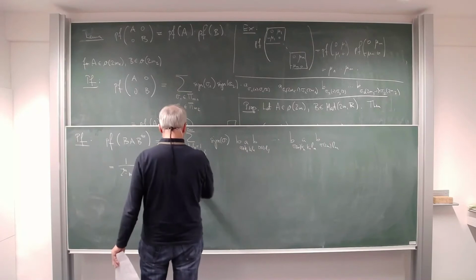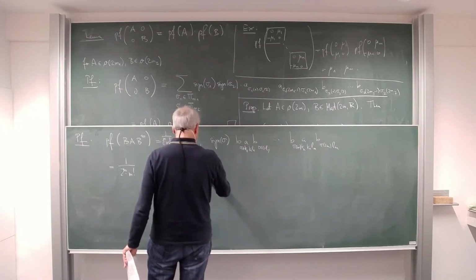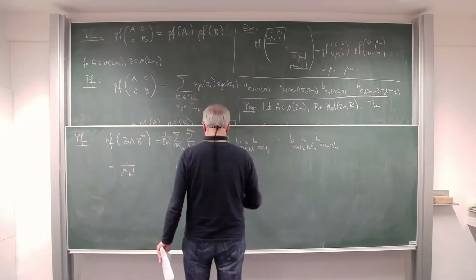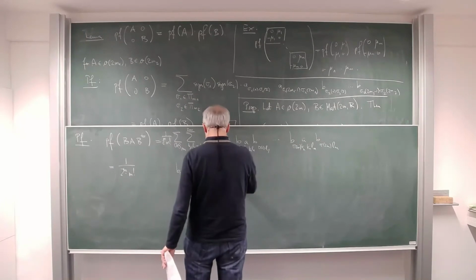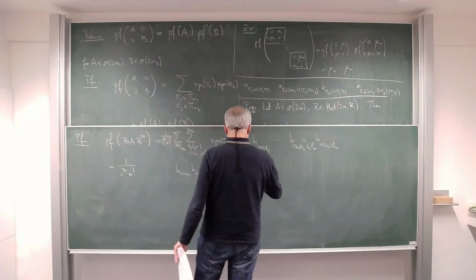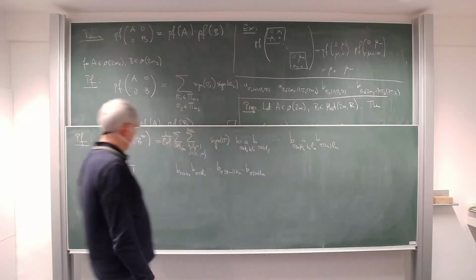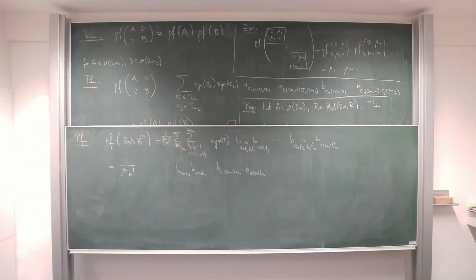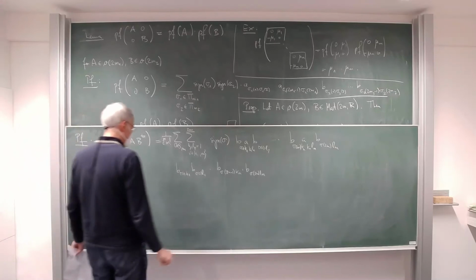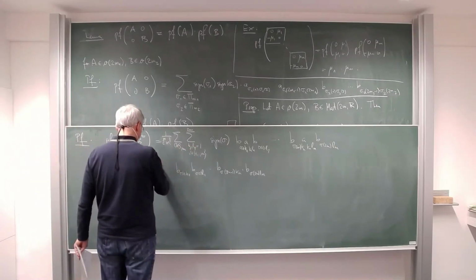Then I have B sigma 1 K1, then B sigma 2 L1, and so forth, to B sigma 2m-1 Km times B sigma 2m Lm. So that's the B terms. Here I interchange the summation order.